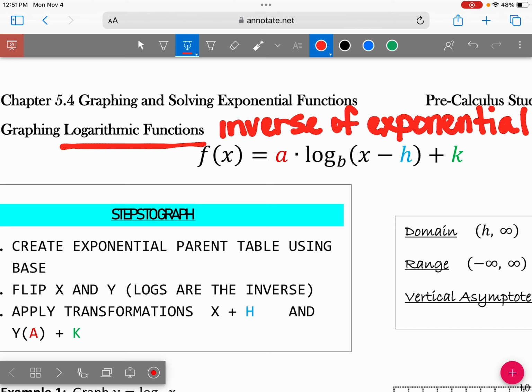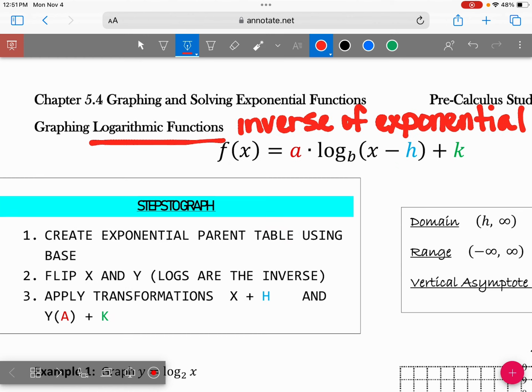So what we're going to talk about now, we ended off graphing exponentials. Now we're going to graph a log, okay? So in order to graph a log, the first thing you're going to do is start with making an exponential parent table. Now we're not going to graph that table, but we will start by creating an exponential parent table.